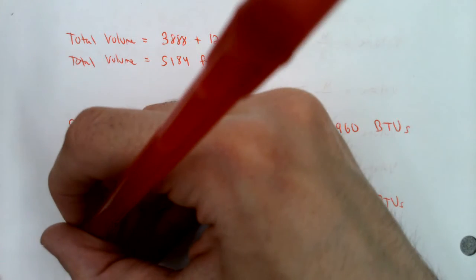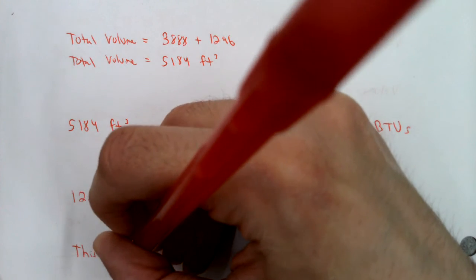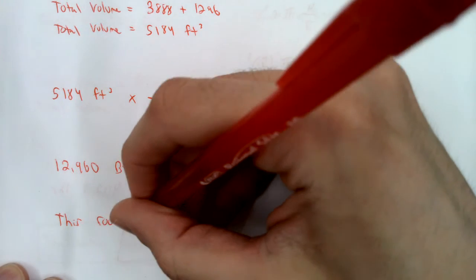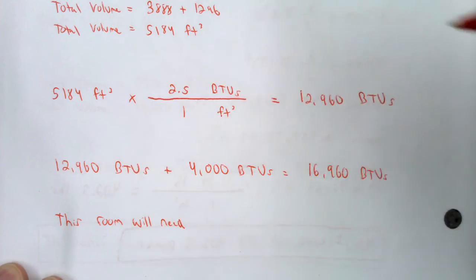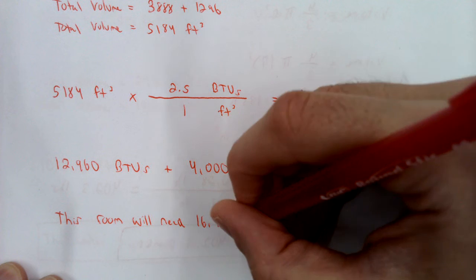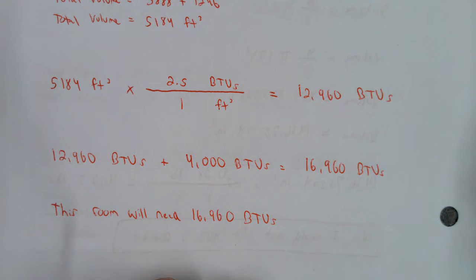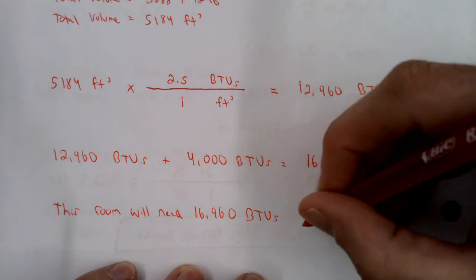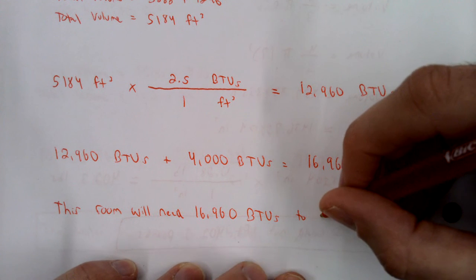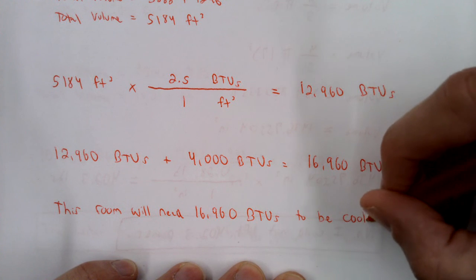Let's say this room will need 16,960 BTUs to be cooled properly.